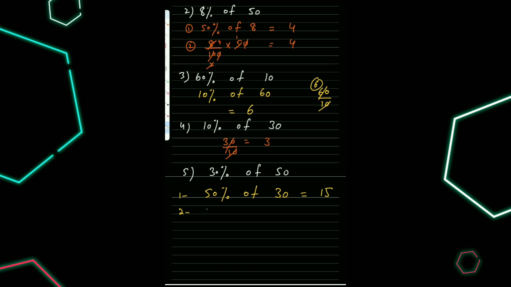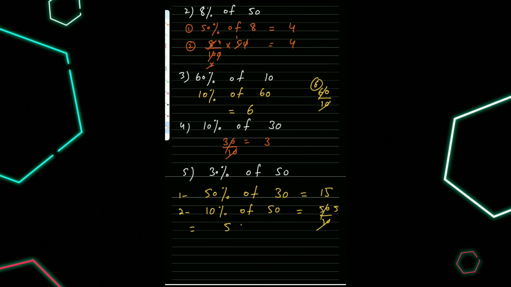I will first find 10% of 50, and 10% of 50 is 50 over 10, that is 5. And now 5 will be multiplied by 3, because 30 is 3 times of 10.